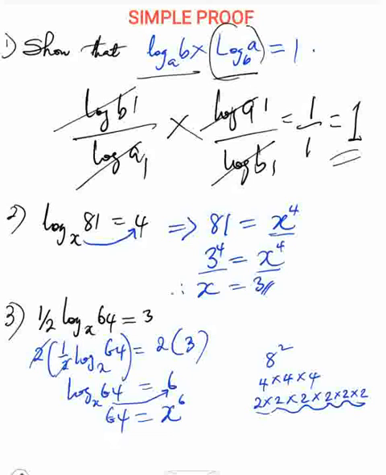So it means 2 raised to the power of 6 is equal to x raised to the power of 6. Since the powers are the same, we can now equate the base. That is to say, 2 is equal to x. We have x to be equal to 2. This is how to simply resolve any equations of this form. In our next video, we're going to treat how we can resolve logarithmic equations.